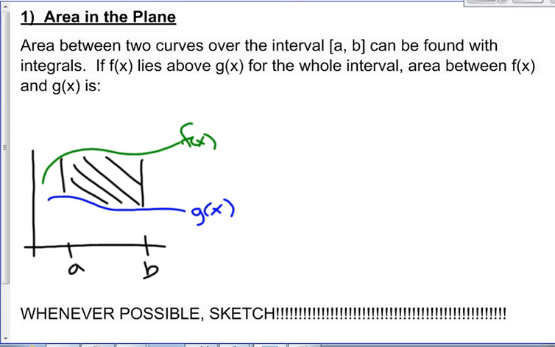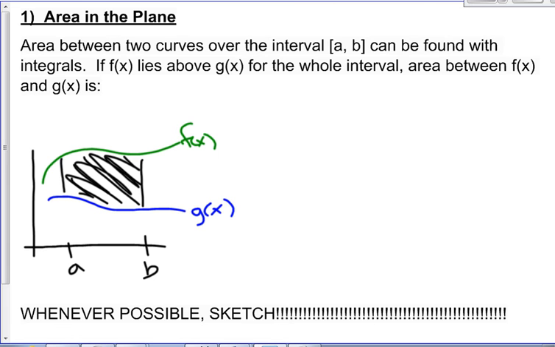And the answer to that question is, well, if you found the integral of f, then that would give you the whole area under f. If you found the area under g, that would give you the whole area under g. And then the difference between them would be that black area right here.